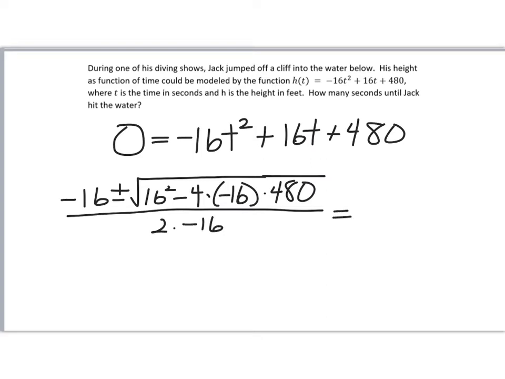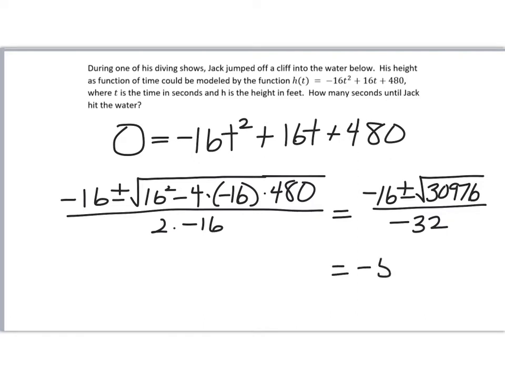Alrighty, and that'll get me negative 16 plus or minus the square root of 30,976 all over negative 32. Finally, when I do all my math, I'm going to get these two answers, negative 5 or 6.